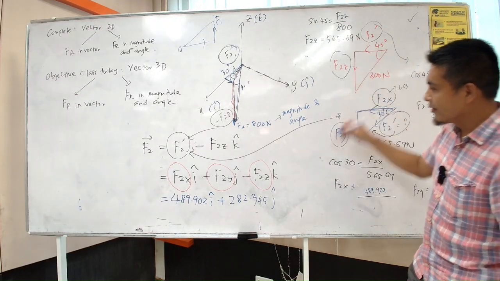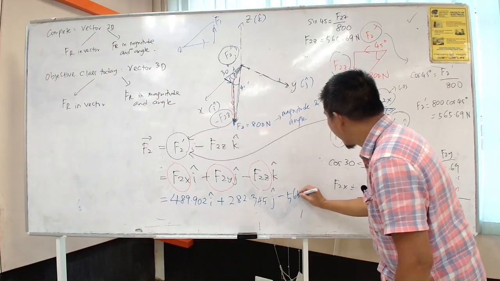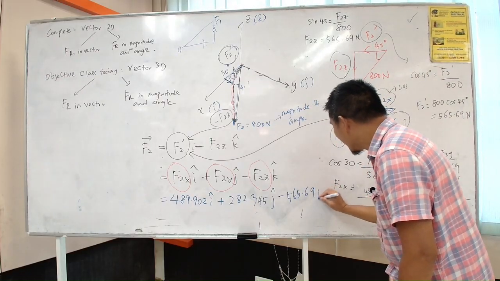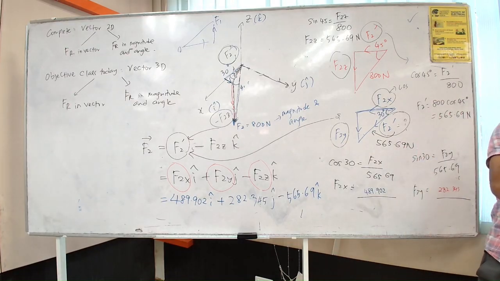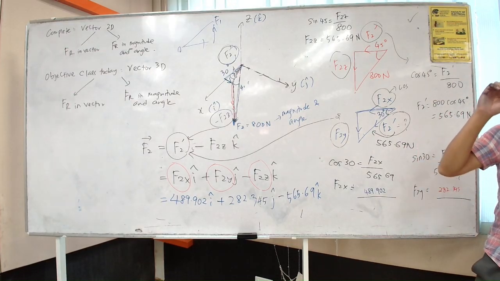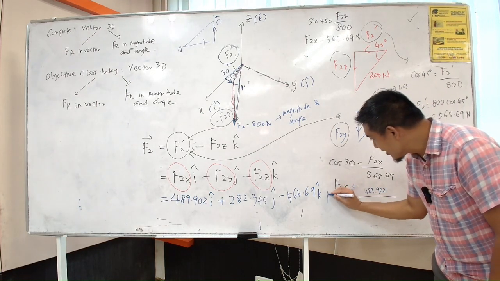This one, right? Minus with 565.69 in K direction. Don't forget to put the unit. What is the unit of the force? Newton, which is N.